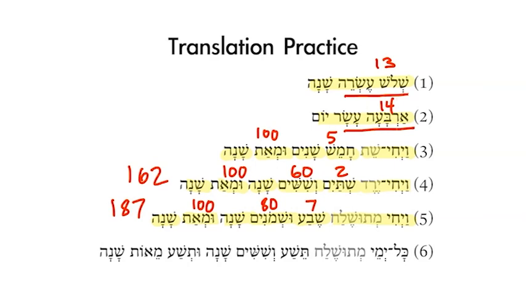Finally, we're going to look at all of the days of Methuselah in our very last example, where we have all of the days of Methuselah were tesha ve-shishim shanah u-tesha me'ot shanah. Let's do some math. He lived tesha, that's 9.